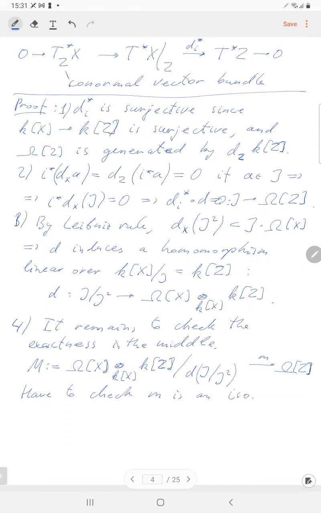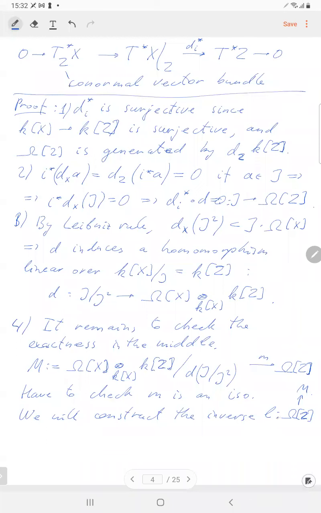And to prove that this is an isomorphism, we will just explicitly construct the inverse morphism, L from Kähler differentials on Z to M. Okay, and how do we construct the inverse morphism?